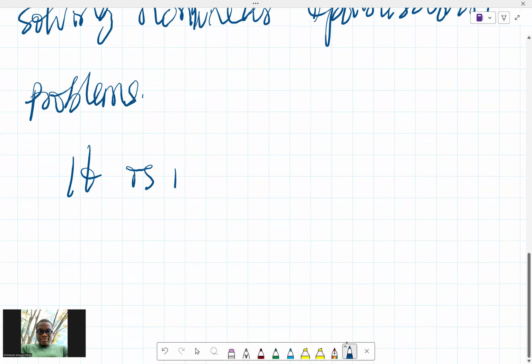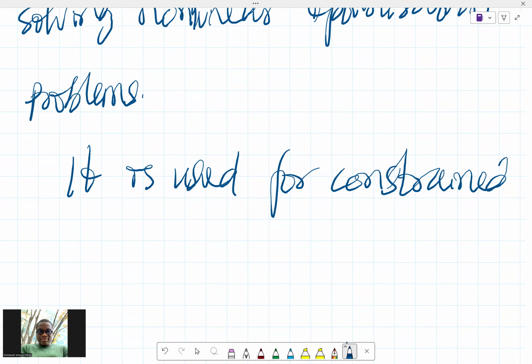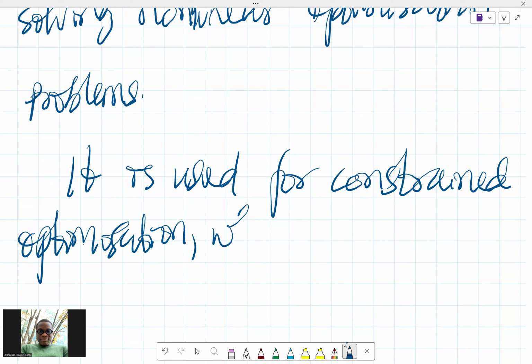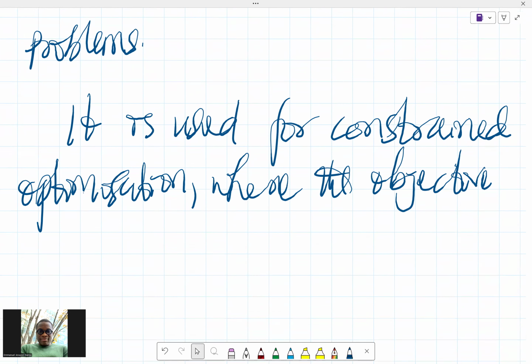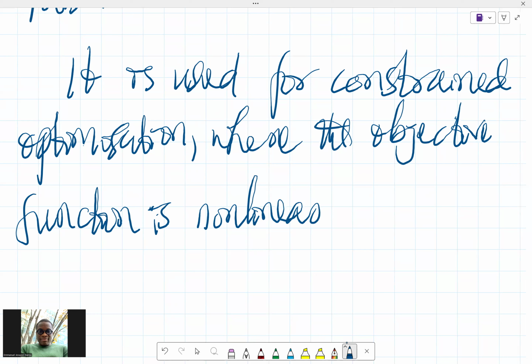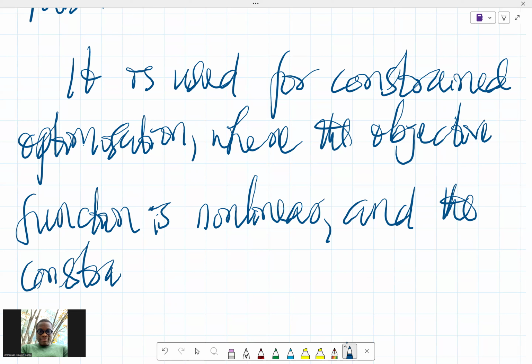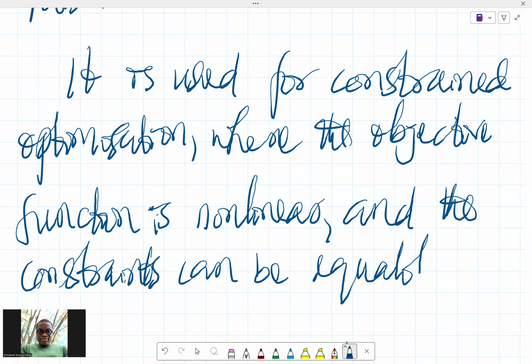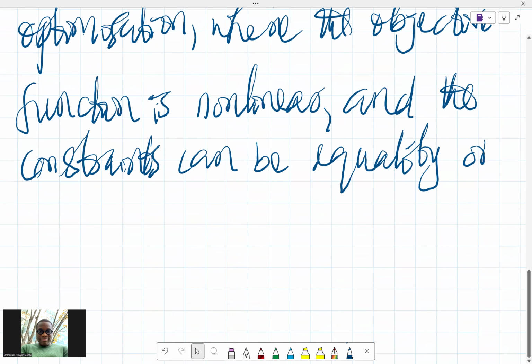It is used for constrained optimization, where the objective function is nonlinear and the constraints can be equality or inequality constraints.